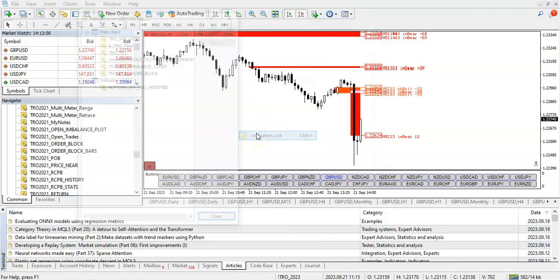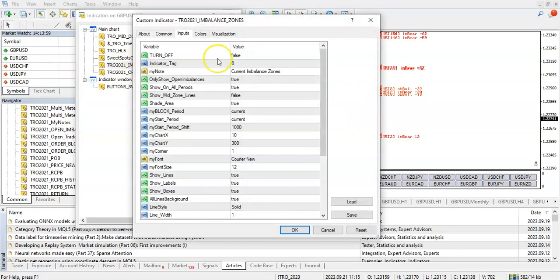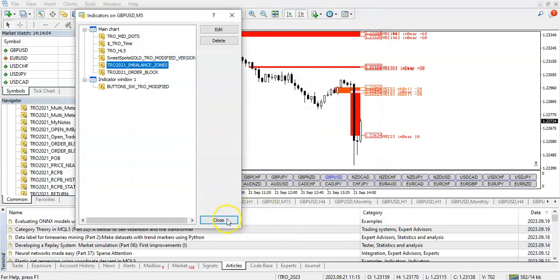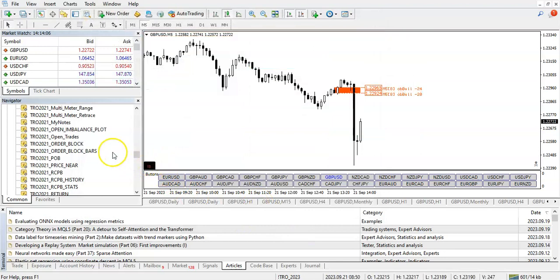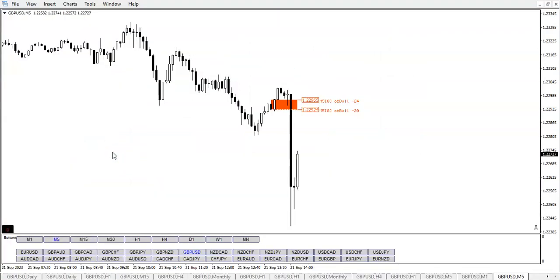And let us, actually, if I remember correctly, can I do that? I can use the switch here to turn off the imbalances. So as you can see here, we have a bullish order block that looks like that, may change.